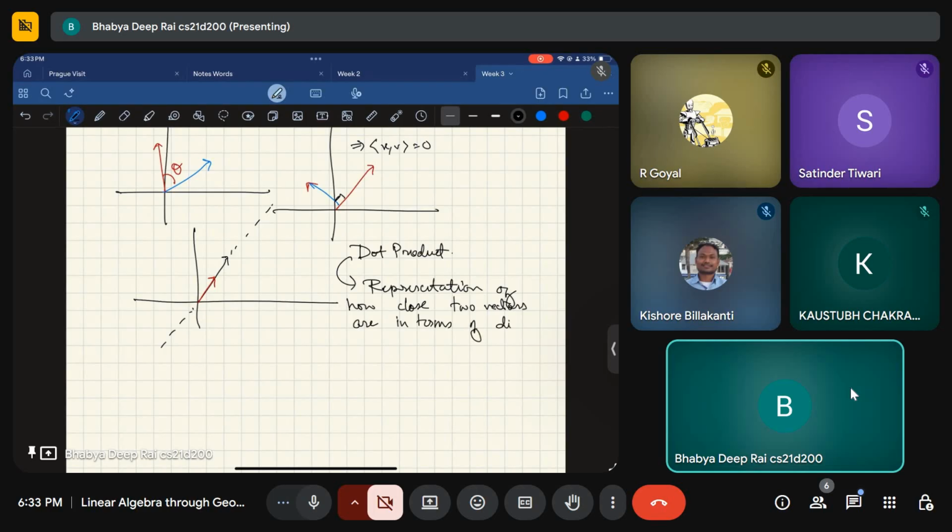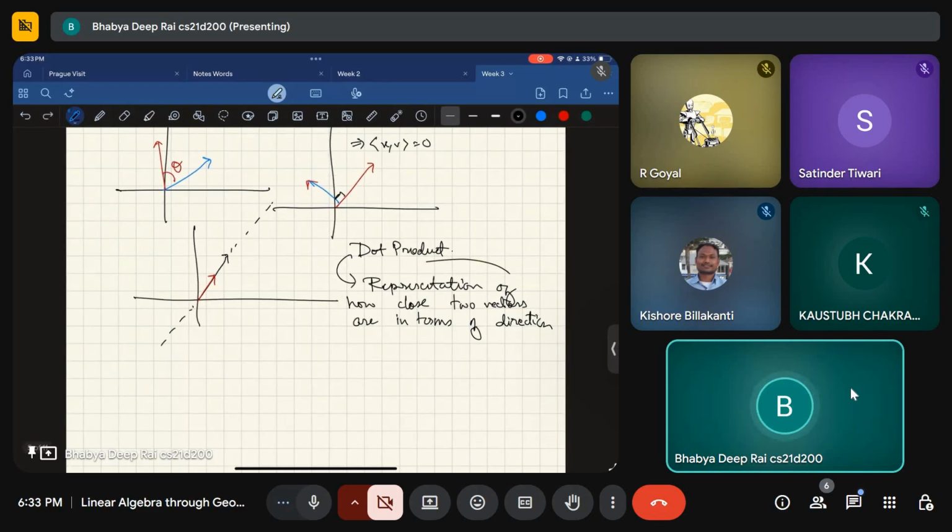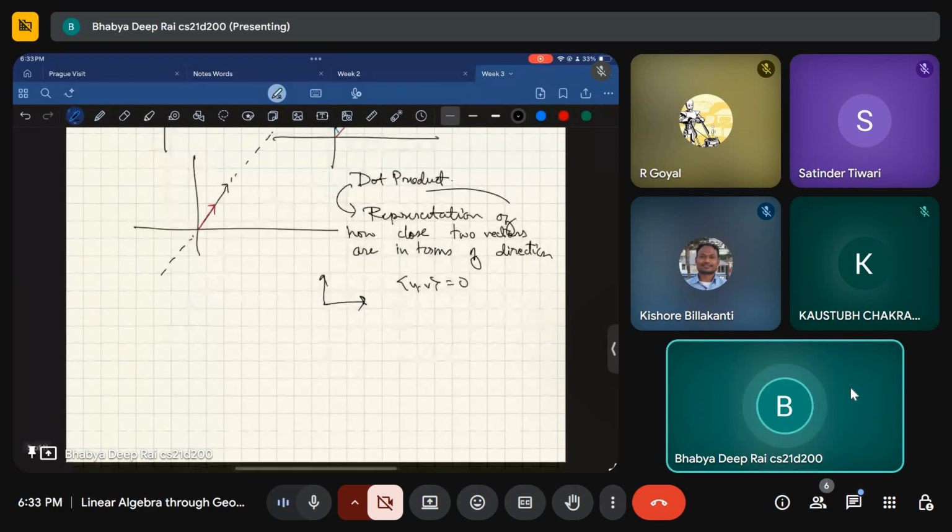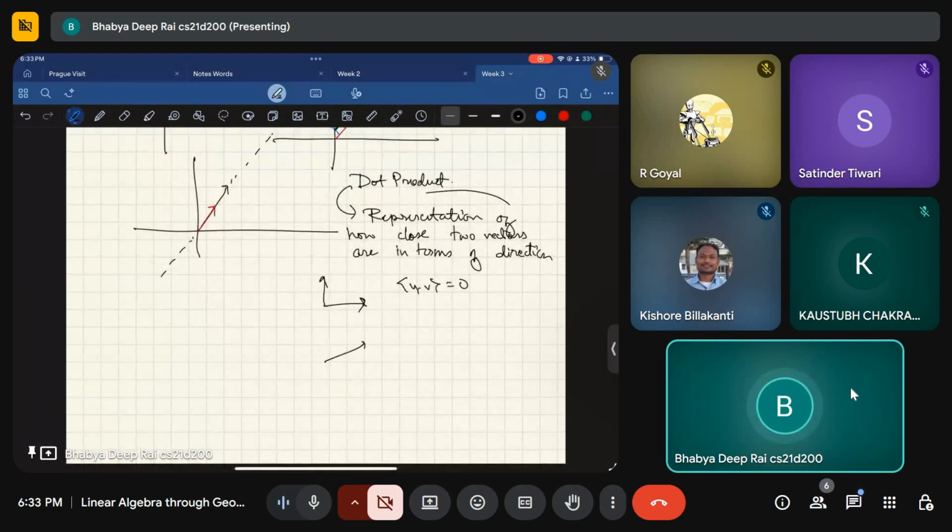If two vectors are somewhat pointing in the same direction, then the dot product is positive.